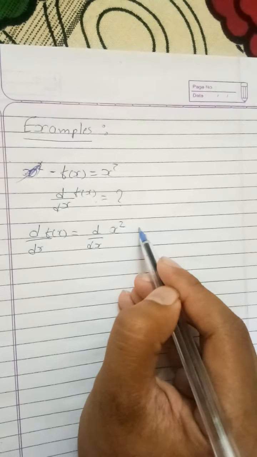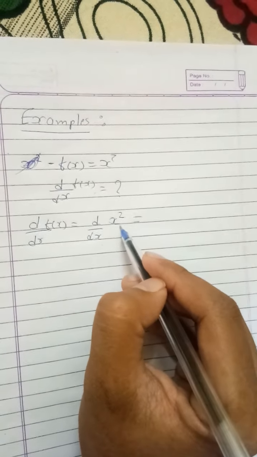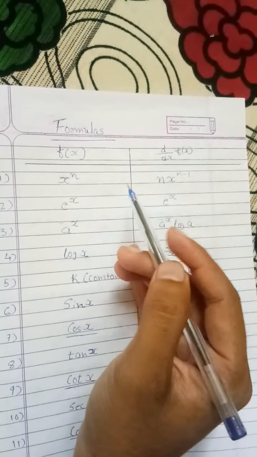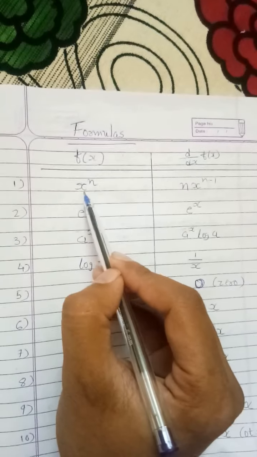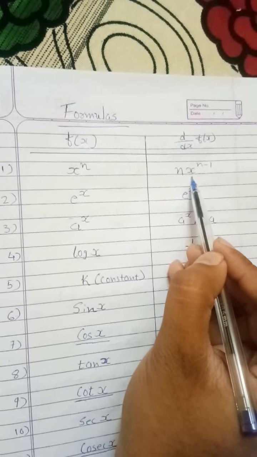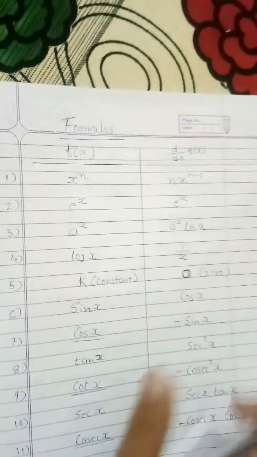X square. What is the formula to find the differentiation of x square? Just see this. Here x is to 2, 2 is the power, so for x to any power n, its derivation is nx to the n minus 1. So we are using the first formula.